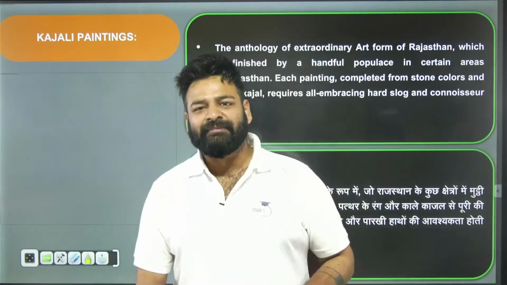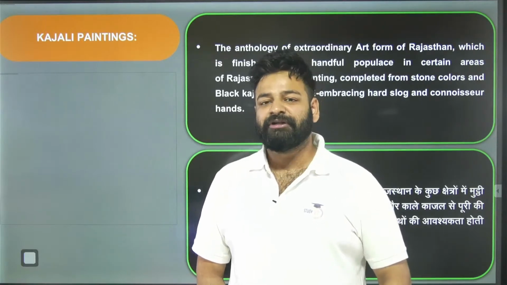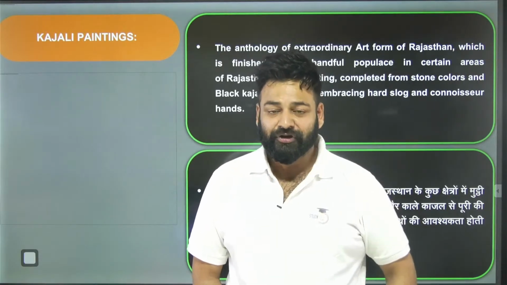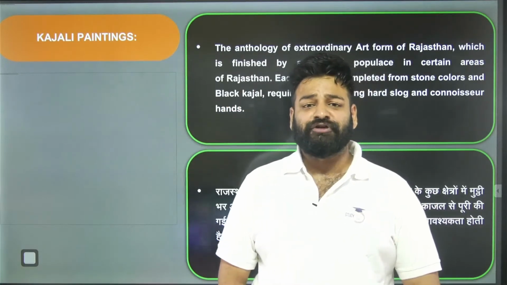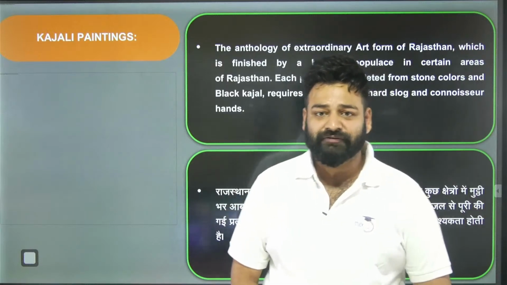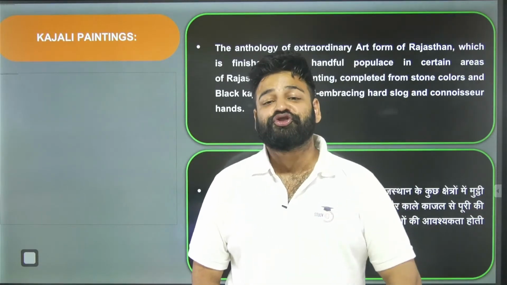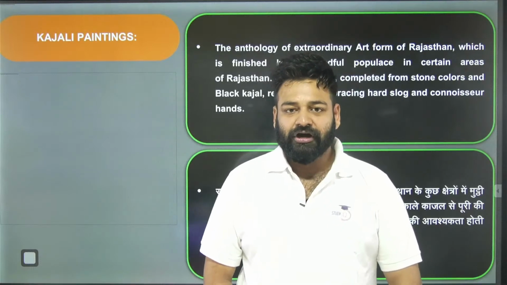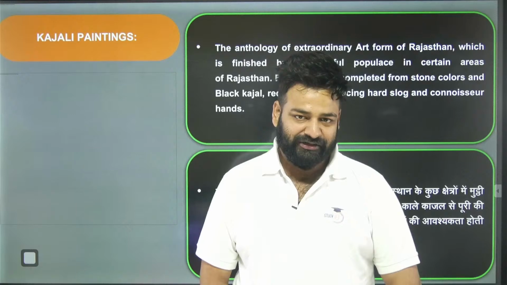Kajli, as the name itself represents, kajal, that people used to apply in their eyes, right? So the Kajli school of painting is something Shah Jahan would have never admired as an art. As we have discussed, during Shah Jahan's reign, he used to strictly avoid or refrain from the use of charcoal for making paintings.